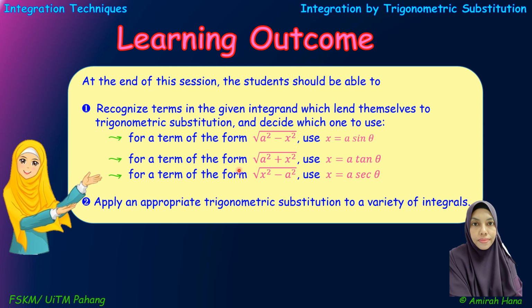For a term of the form square root of a squared plus x squared, use x equals a tangent theta. And for a term of the form square root of x squared minus a squared, use x equals a sec theta. And number 2, apply an appropriate trigonometric substitution to a variety of integrals.